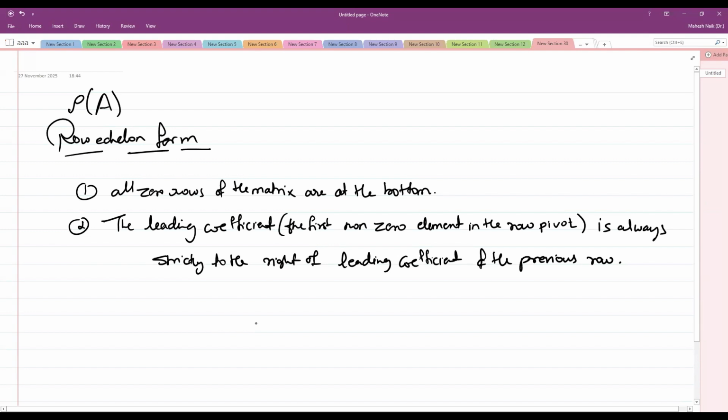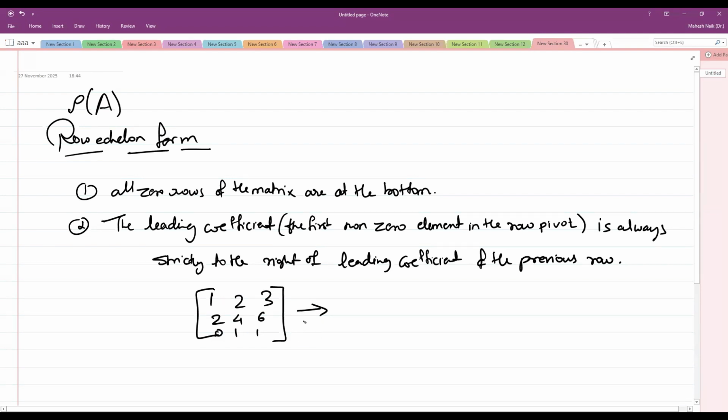Okay, so in case I have a matrix, maybe something like 1, 2, 3 in the first row, 2, 4, 6, and 0, 1, 1. We can apply row transformations and bring it down to row echelon form.